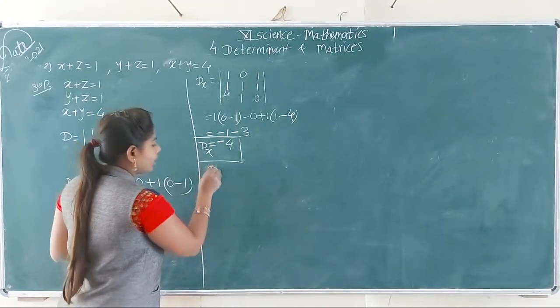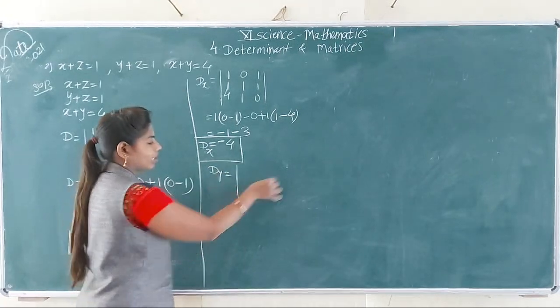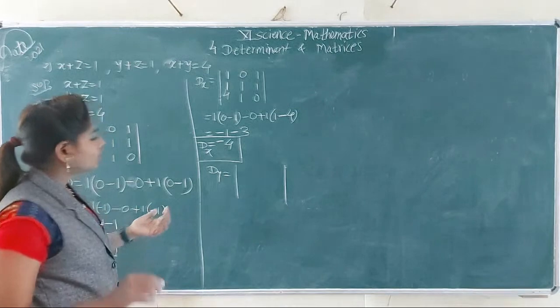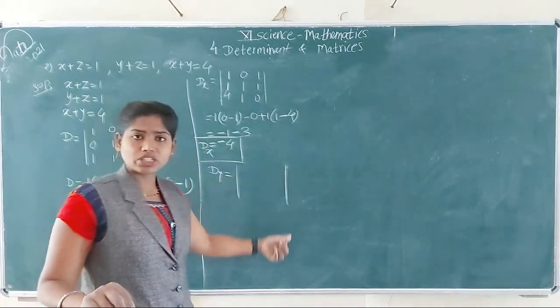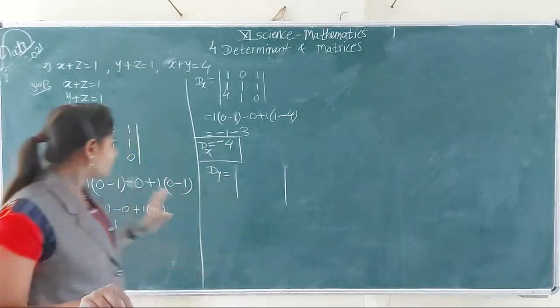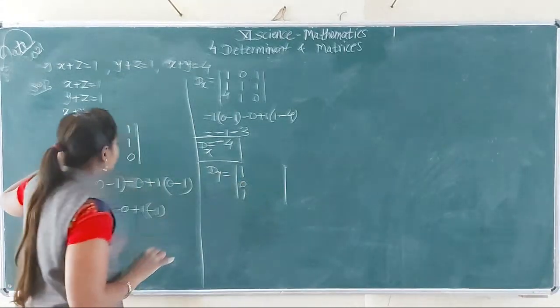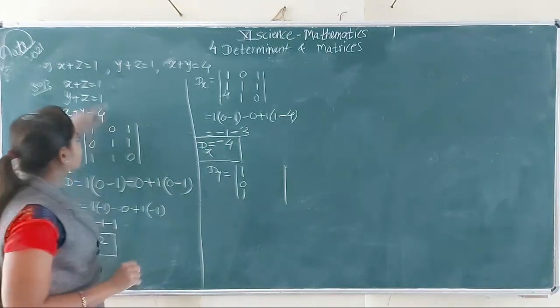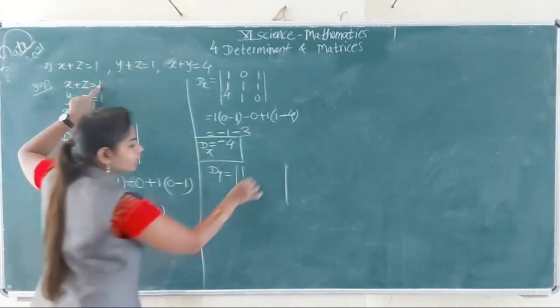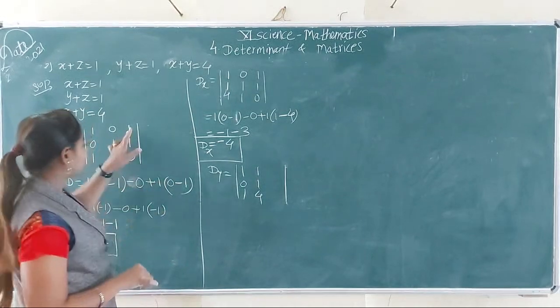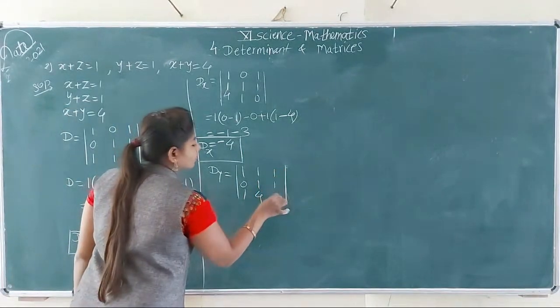Then find Dy. For Dy, again replace coefficient of y by constant term, and coefficient of x and coefficient of z write as it is. So coefficient of x is 1 0 1. Then coefficient of y is replaced by constant term, that is 1 1 4, and then write coefficient of z, that is 1 1 0.